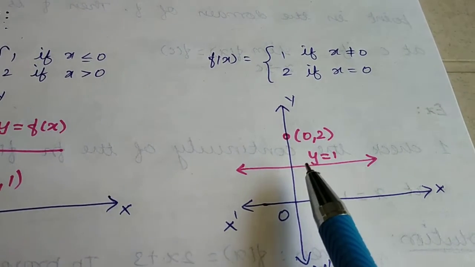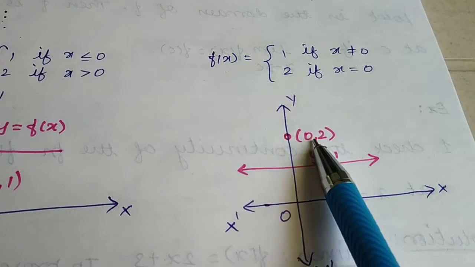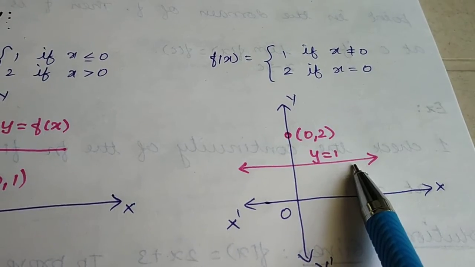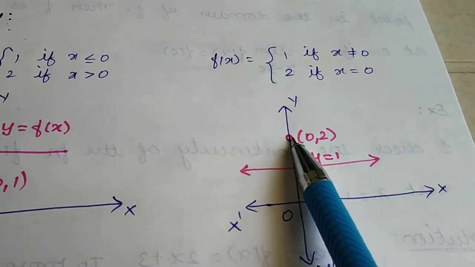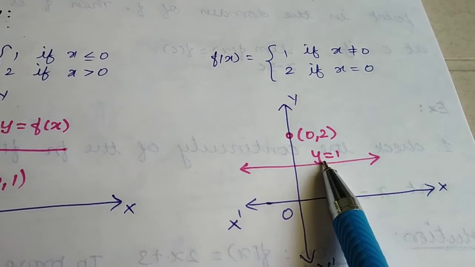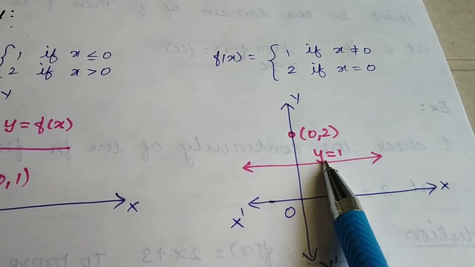Though we are able to draw the graph without lifting the pen, the point (0, 2) is not covered in this line. We have not touched this point, which is defined in the function. So this is also an example of a function that is not continuous.